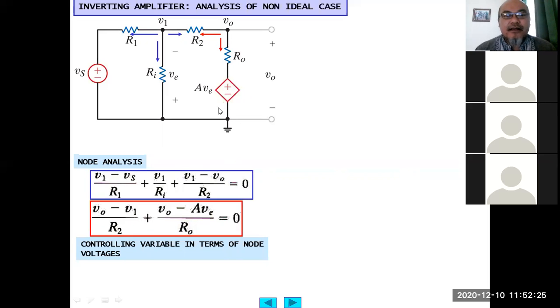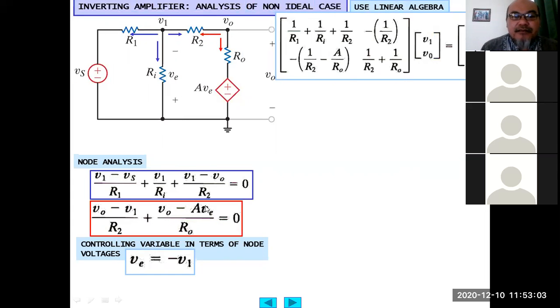The control variable VE in terms of the node voltage: this is the inverting input terminal, and this is the non-inverting input terminal, so VE equals minus V1. Then we can replace this minus A VE with plus A V1.